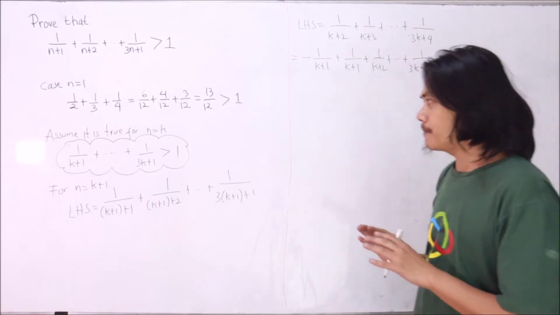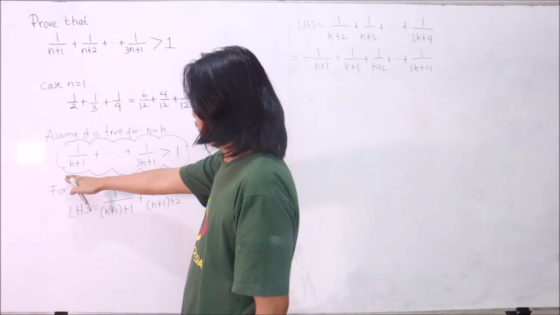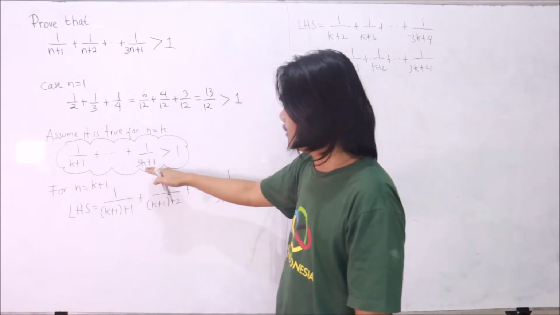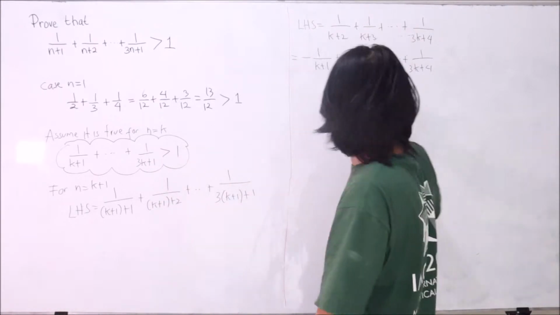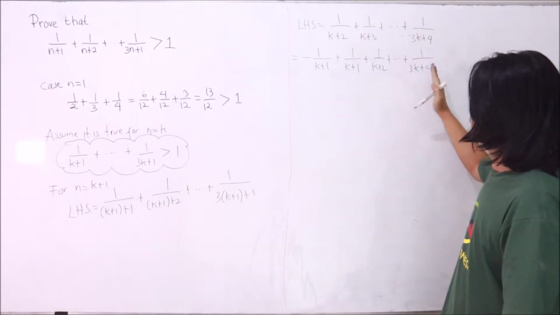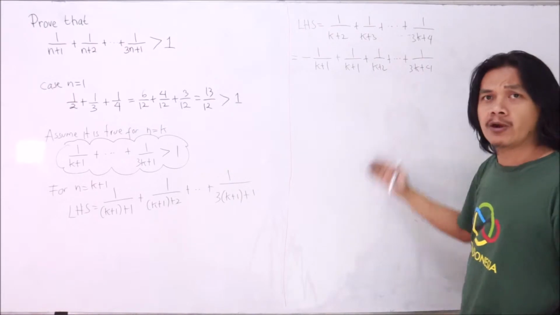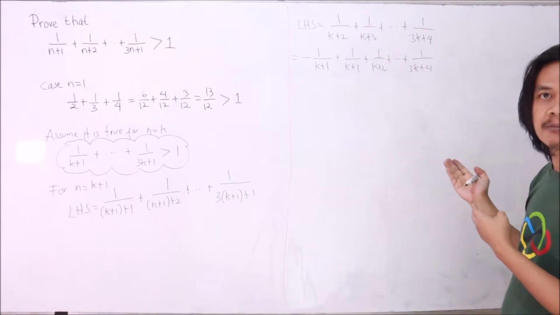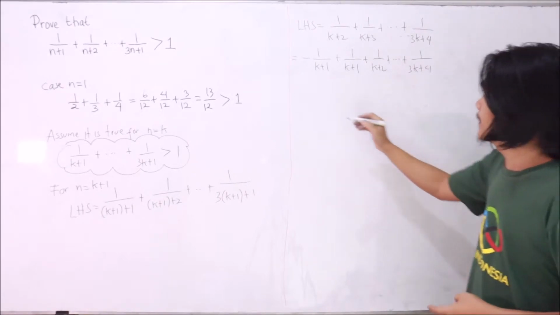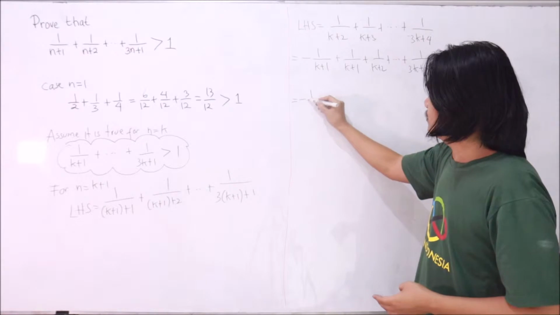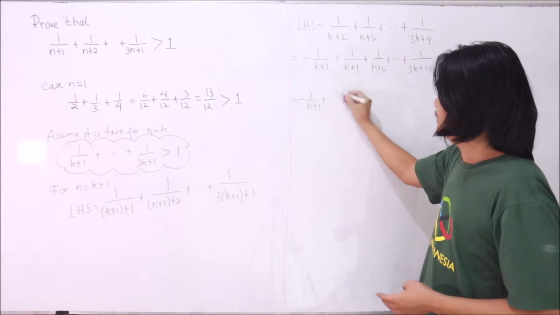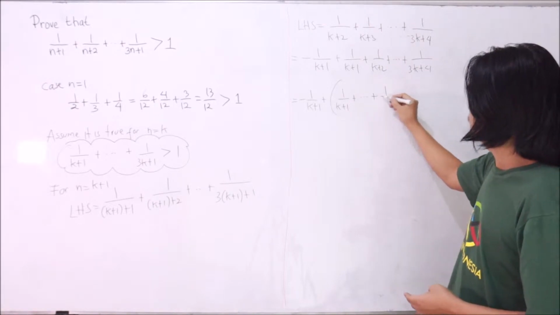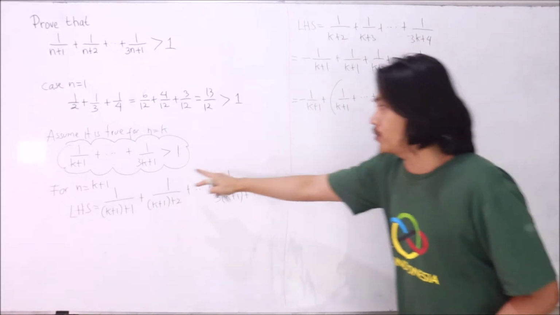But now this expression starts from 1 over k plus 1 and ends with 1 over 3k plus 1. Meanwhile, here we have 1 over 3k plus 4. So before this 3k plus 4, we have 1 over 3k plus 3, 3k plus 2, and 3k plus 1. So let's rewrite this as 1 over k plus 1 plus 1 over k plus 1 all the way to 1 over 3k plus 1.